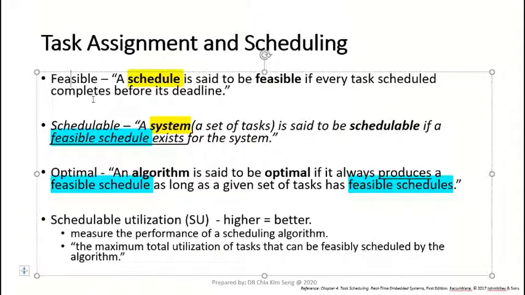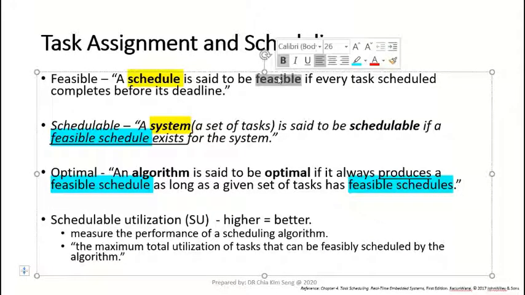Next is some terminology that you might use to describe your project. First is feasibility, or feasible. A schedule is said to be feasible if every task is scheduled to complete before its deadline. Basically, feasible describes a schedule. So is this schedule feasible or not? How you design your schedule for your semester, is your schedule feasible or invalid?